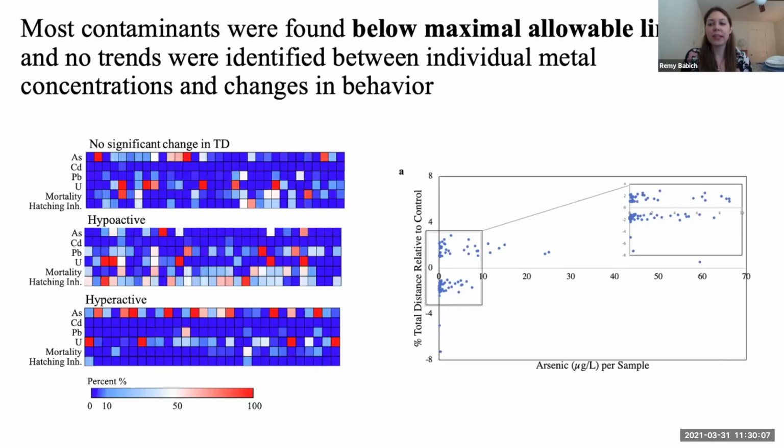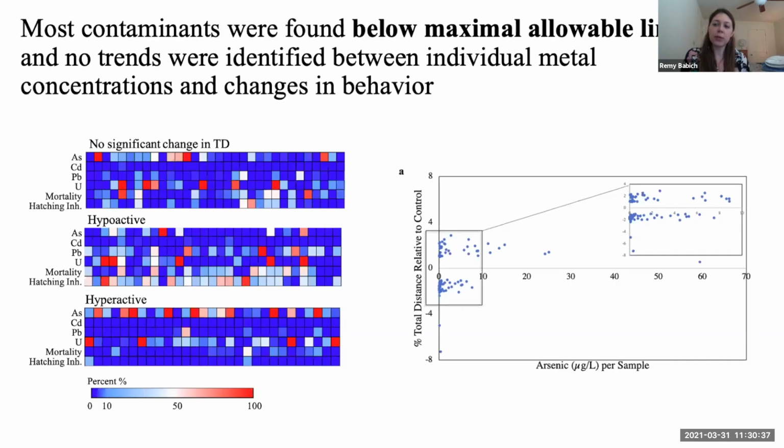So when we started looking at this data, we first wanted to look at levels of individual contaminants and how they correlated to behavior. On the left, I am showing a heat map. The samples are broken up into sections based upon their impact on behavior: if they were associated with no significant increase or decrease in total distance traveled, so control-like, hypoactive, or hyperactive.